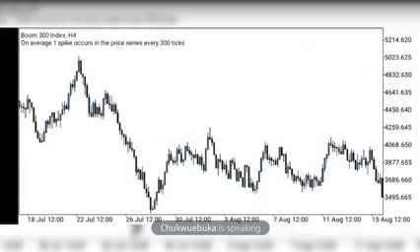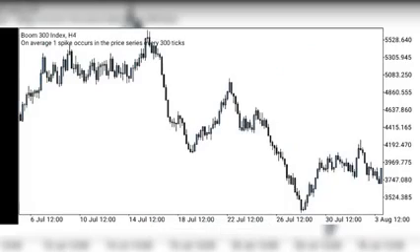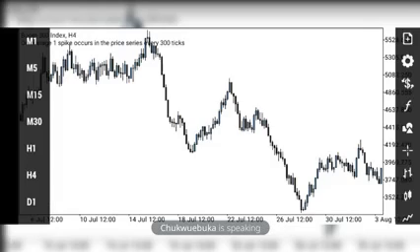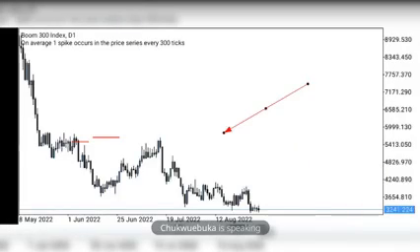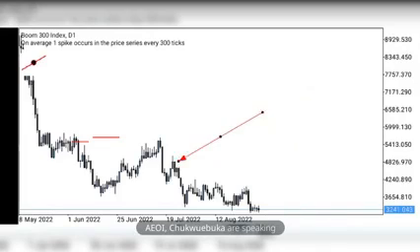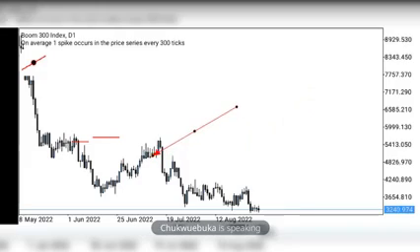Can I ask a question, sir? What's the question, please? On this Boom 300, the daily, the low you marked out. Yes. There is a low before that low, because if I'm to take that trade or pinpoint my structural point, I would have taken the lower low before this one you marked.